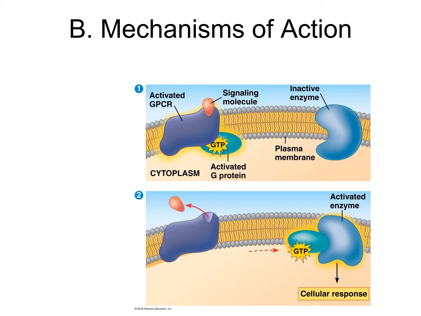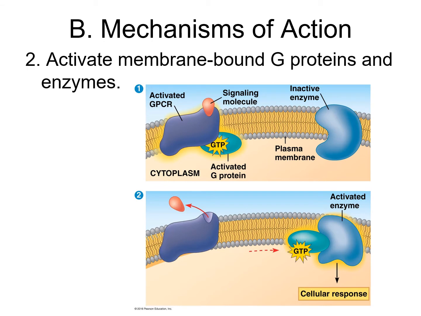Our second mechanism is that the binding of the hormone to the receptor activates a series of membrane-bound molecules, G proteins and enzymes. So in this figure we see the signaling molecule is the hormone.